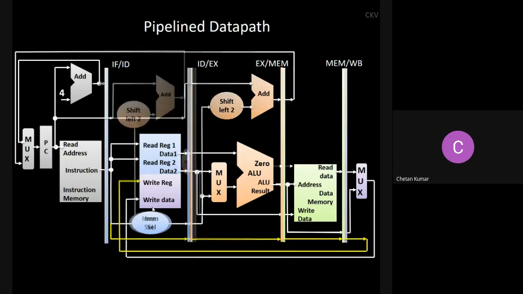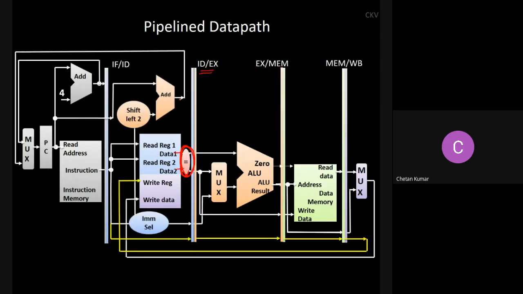But now I am moving my address calculation before the ID/EX register. It is not getting loaded into the ID/EX register itself. So before that I will be able to compute the address, and this mux will be able to select the correct address based on this condition.